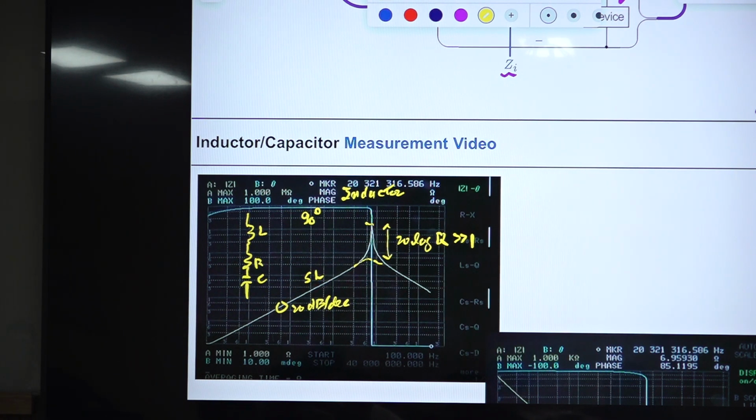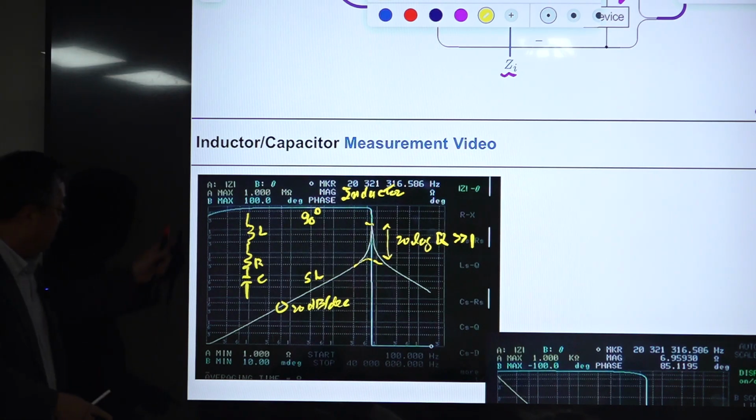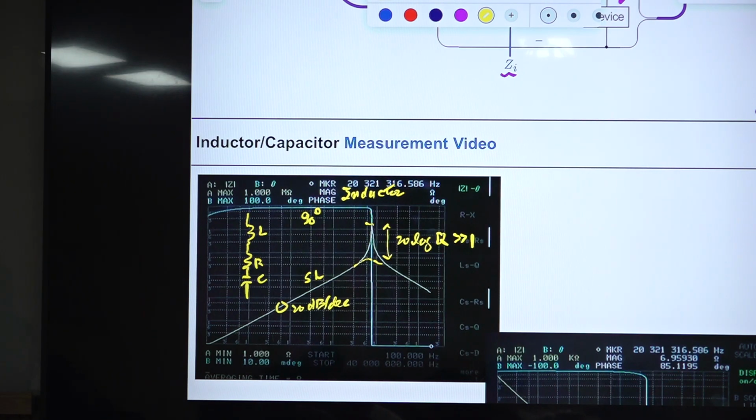This is the dB scale, so there should be a line here, which is 0 dB. Then the value of the inductance can be measured from this crossover frequency.